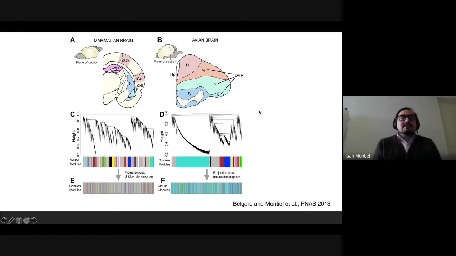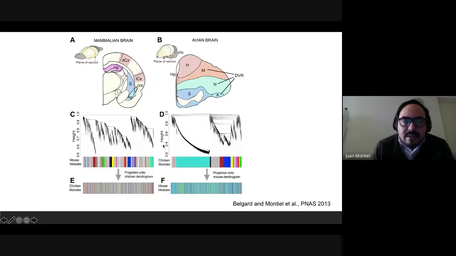To do this, we used different kinds of analysis, and one of them was weighted gene co-expression network analysis, which is using an independent scale algorithm to generate models of gene expression that are co-expressed with each other, so they have a high correlation pattern of expression across different areas.